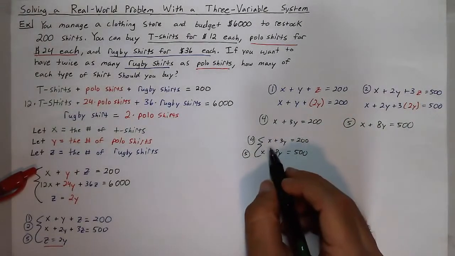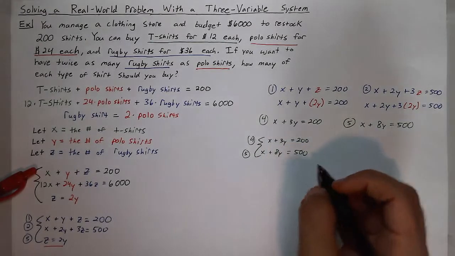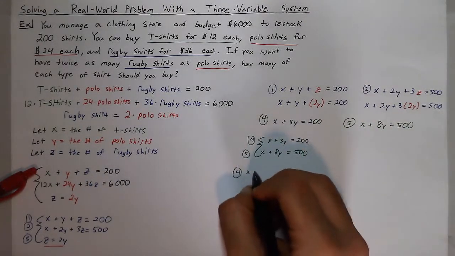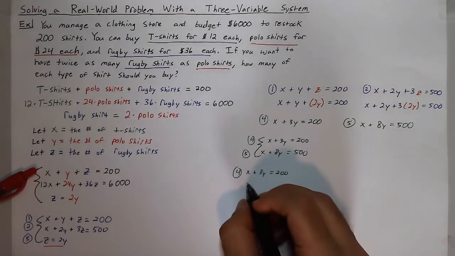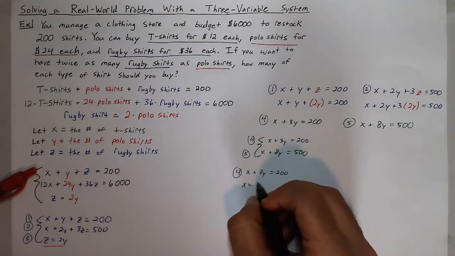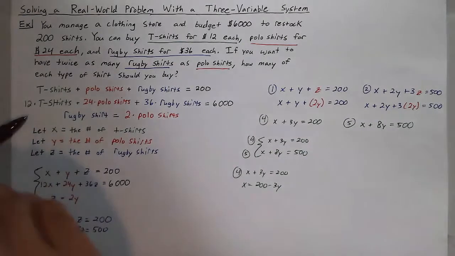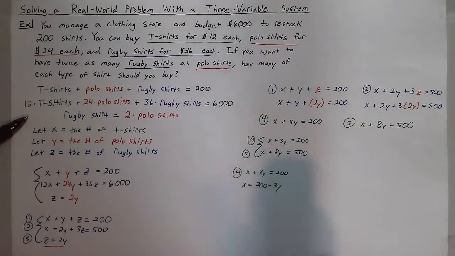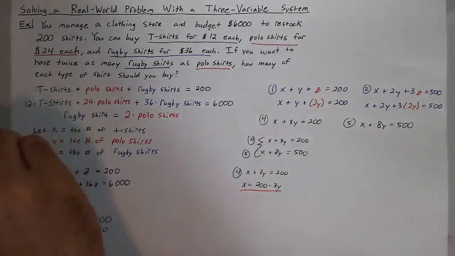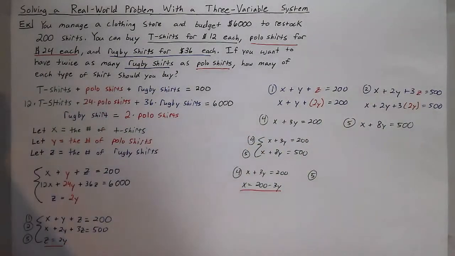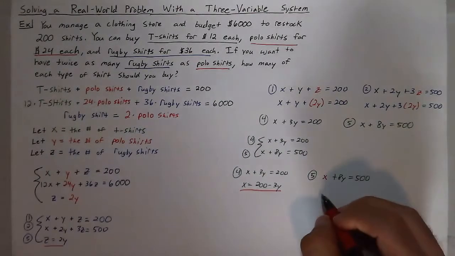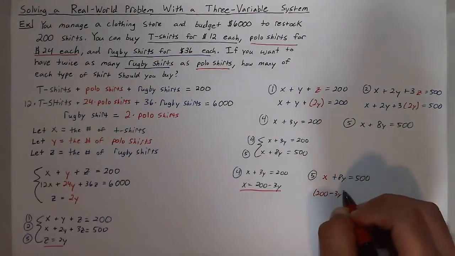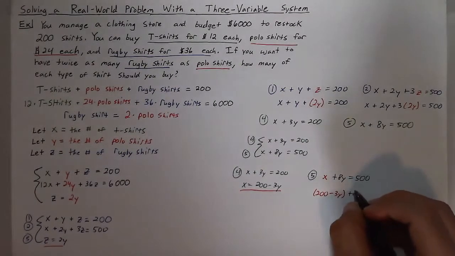Now again, another system that's set up for substitution, so I'm going to use that. I'll take equation 4 and solve it for x. And I'll get x is equal to 200 minus 3y, and I'll substitute that into my fifth equation, which is x plus 8y equals 500, which now is going to be written as 200 minus 3y plus 8y equals 500.